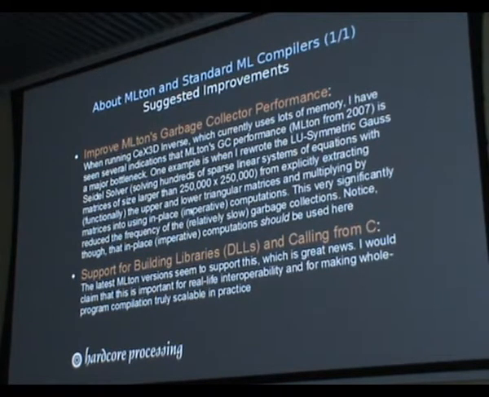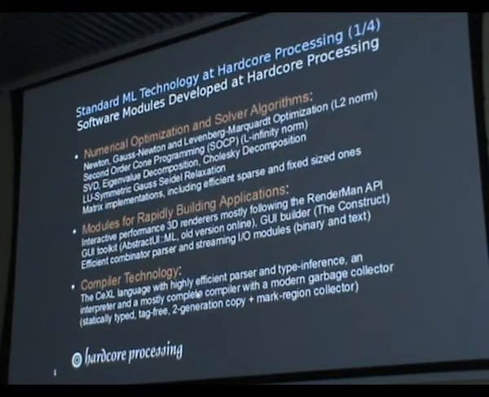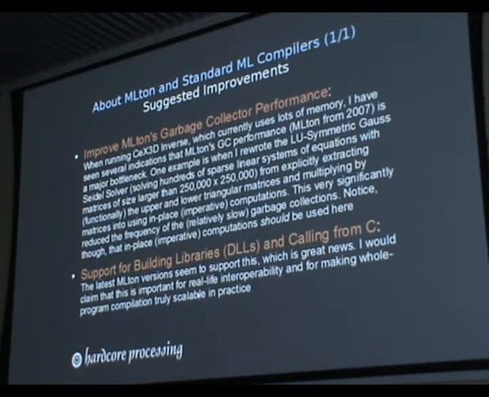That actually gave a significant improvement. Also, I would say the latest version of Milton seems to support building dynamic libraries, and I think this is good news. I think it's important, also for other standard ML compilers. Like Alan's FlexDLL in OCaml, it's a good thing.